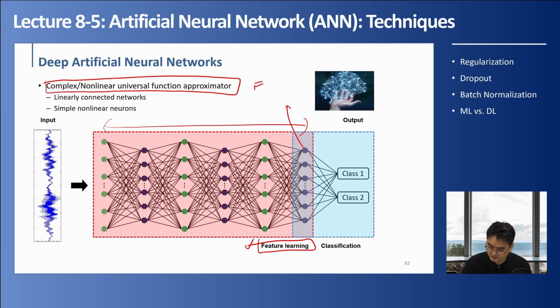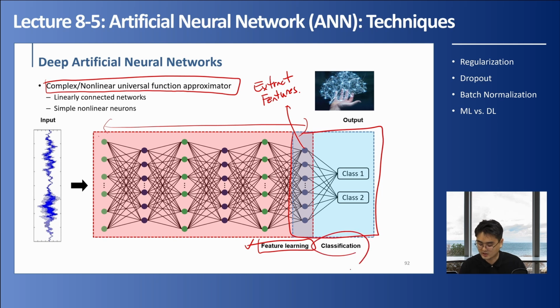This is what your artificial neural network is doing. And based on these extracted features, we can do very simple classification or regression by adding 1 or 2 layers here. So that's what we do in deep artificial neural networks.